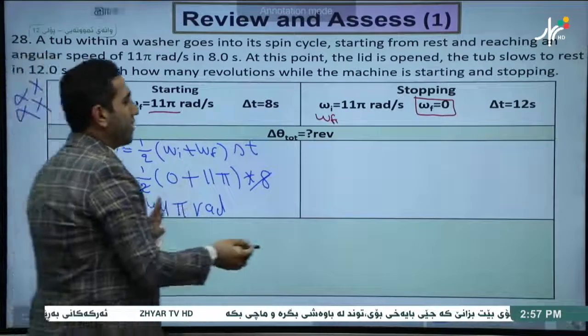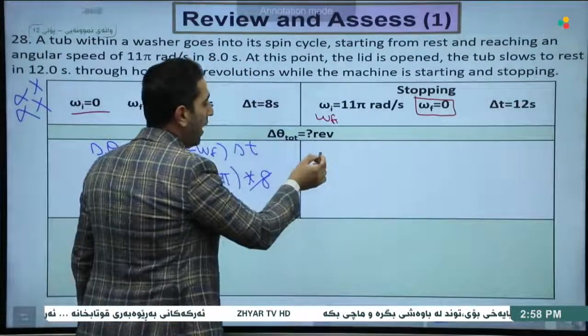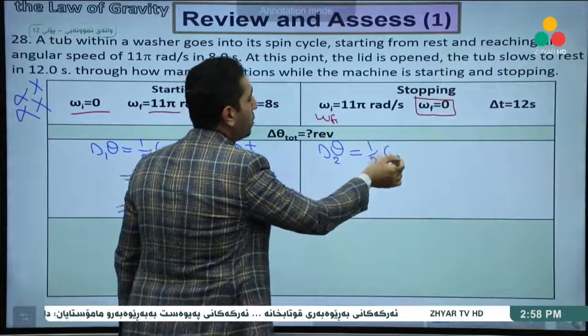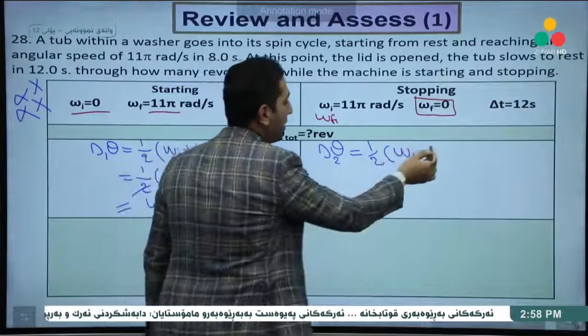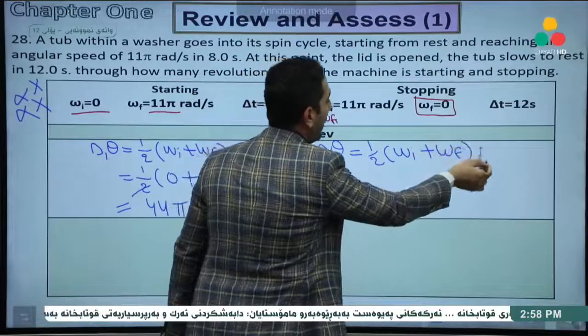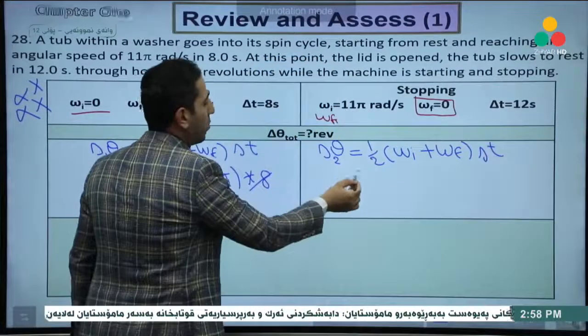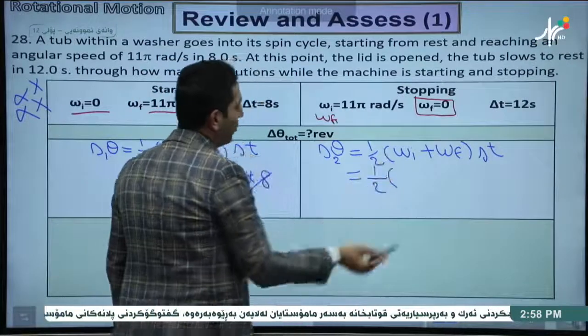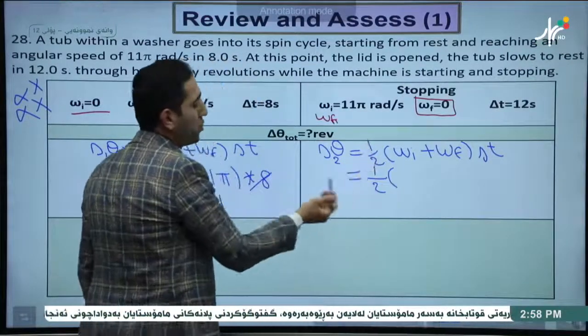This is for starting. And for stopping, delta theta 2 is equal to 1 over 2 times omega initial plus omega final, times delta t, which is again 1 over 2, or you can say 0.5.